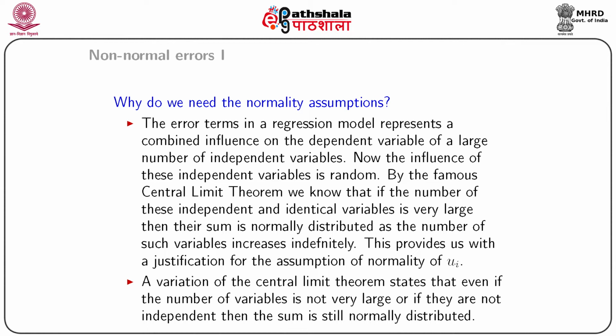So now the influence of these independent variables on our dependent variable y is random. By the famous central limit theorem, we know that if the number of these independent and identical variables is very large, then their sum is normally distributed as the number of variables increases indefinitely. This provides us with a justification for the assumption of normality of ui.